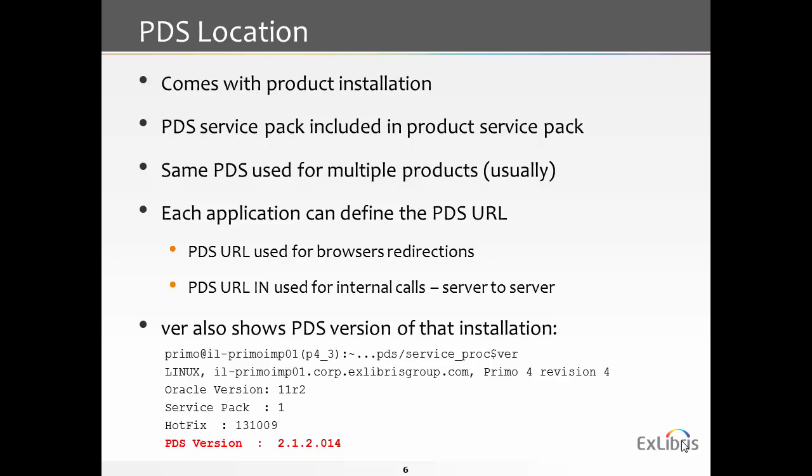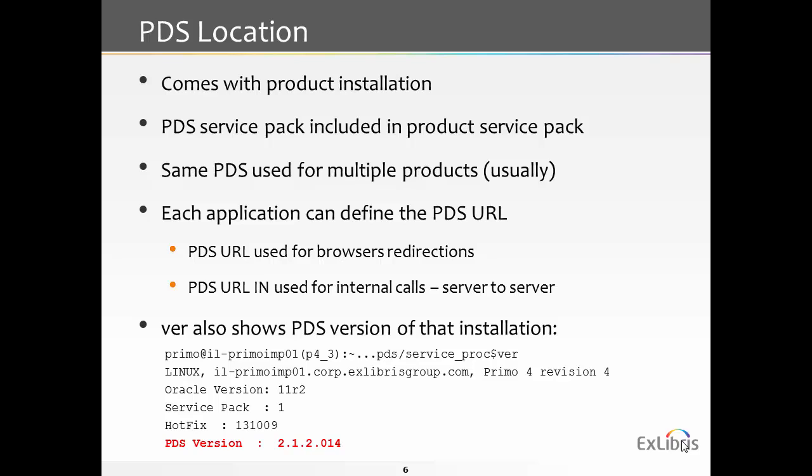And this PDS URL that is defined in the application is the one used for all of the redirections of that application to PDS and back. In each application, we can define two PDS URLs. One, the main PDS URL parameter, is the URL that the end user will see in their browser, and it will be used for all browser redirections.